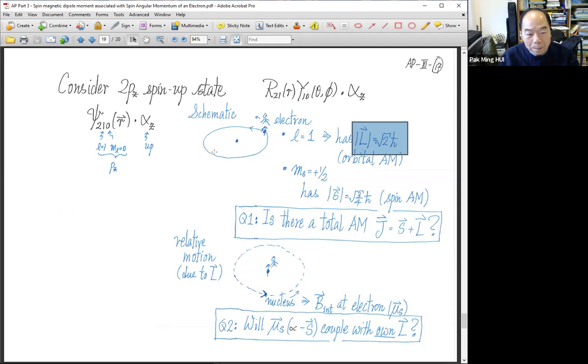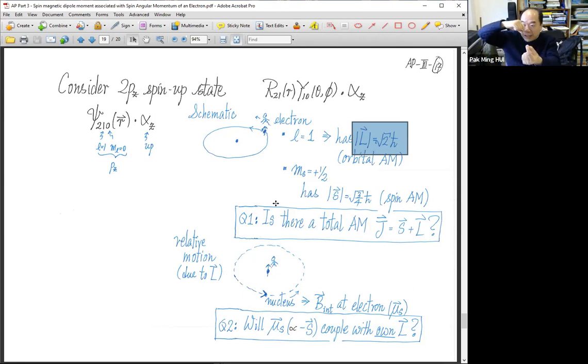A current loop will have a magnetic field generated. Thereby, there is a magnetic field that can also apply onto the electron's own spin angular momentum or spin magnetic dipole moment. Therefore, we have this vague picture at this moment that will be expanded further a bit later.